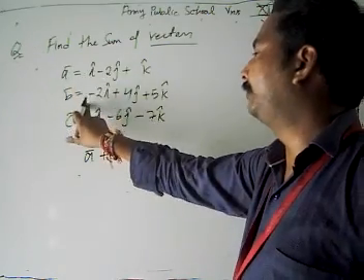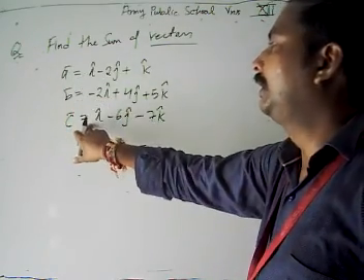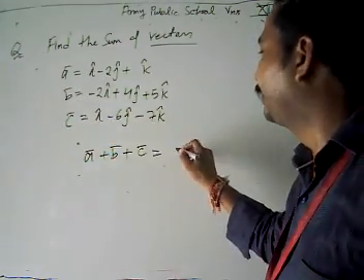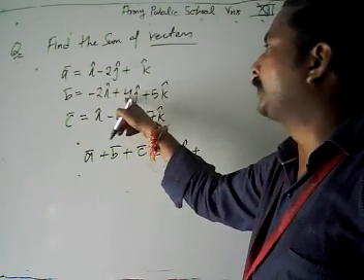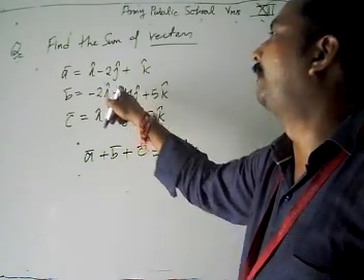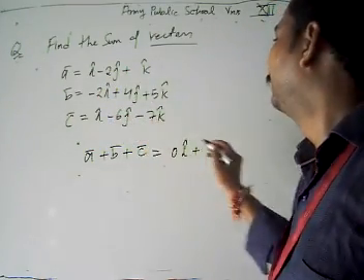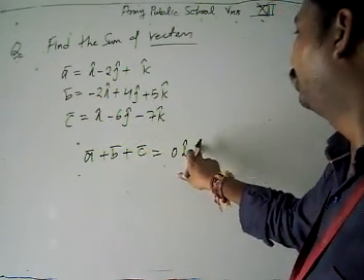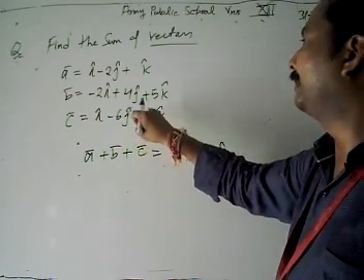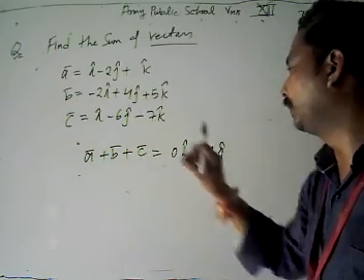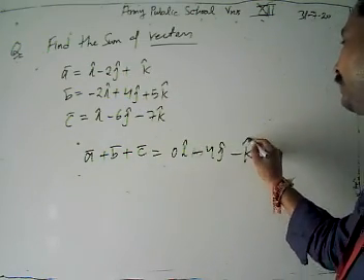Here is 1 minus 2 plus 1, which means we get 0 i cap. Plus, taking all the j cap numbers: minus 2 plus 4 minus 6, it's minus 4, so we get minus 4 j cap. Then minus 7 plus 5, minus 2, plus 1, it's minus 1, so minus k cap.